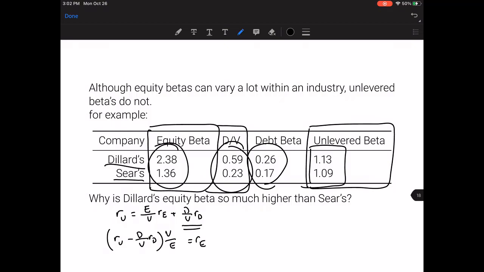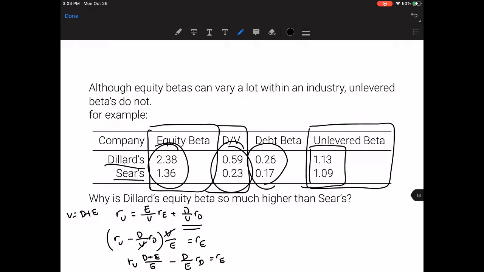So the V's cancel out. So what we get is RU times (D plus E) over E. Remember that V is equal to D plus E. So we distribute the V over E, and we get D over E times RD, equals RE.